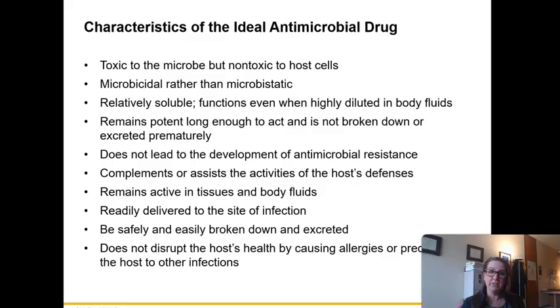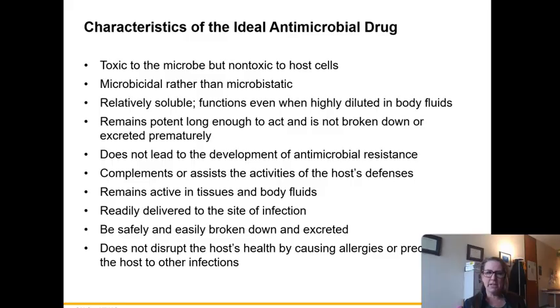So it usually goes to the liver to be metabolized. But we want to make sure that even when it's diluted, it's still going to be effective against that infection. Fourth, it remains potent long enough to act and is not broken down or excreted prematurely.